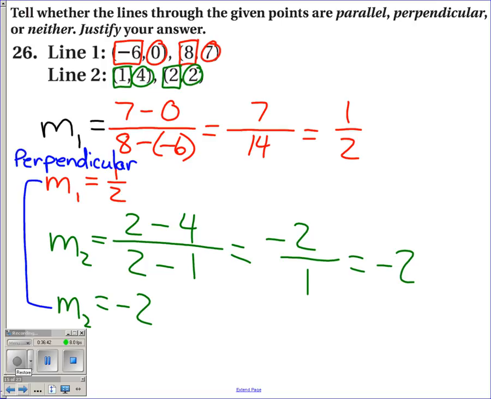Now, take a look at problems 27 through 29. We're not going to do any of these. It says, which line is steeper? Steeper means which one has a bigger number without the sign. You say the absolute value of that number. But which number is bigger?